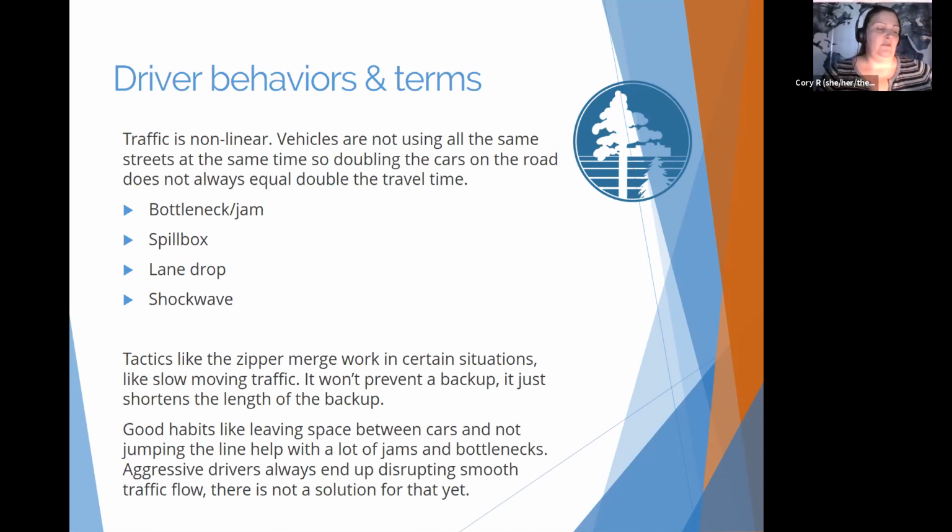And usually what creates a shockwave is somebody for some reason taps a brake and it just rolls backward through traffic. So someone taps their brake real quick, maybe they drop their phone. They shouldn't have been on their phone anyway, but we know that people use their phone all the time when they drive. They may have seen something run across the road, whatever, but that's the shockwave, that first brake tap, and then it just goes back through traffic. So those are those unexplained stopping points that you'll see happen across traffic.